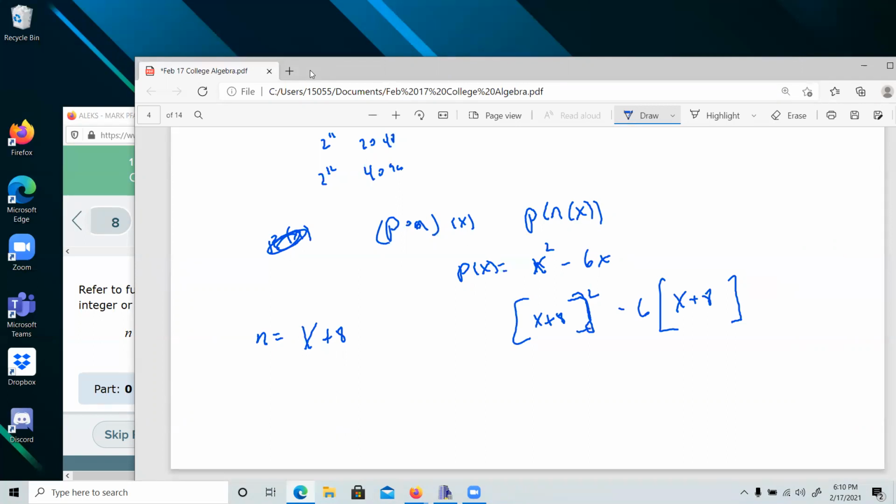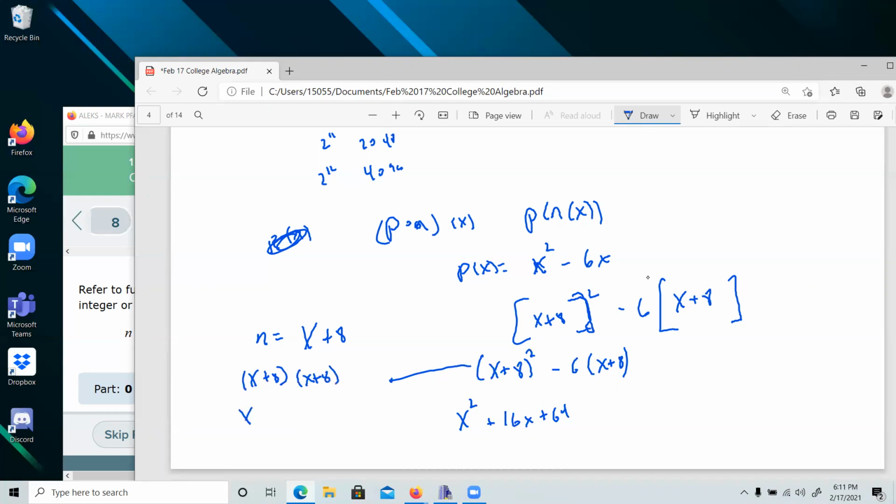If you had a high school teacher or a tutor who said do it this way, and that's working for you, go right ahead and do it that way. However you think about it, if it's working, that's the right way for you. So we have x plus 8 squared minus 6 times x plus 8. And now we've got to go through and do this. So that's going to be x squared plus 16x plus 64. Let's do that off to the side here.